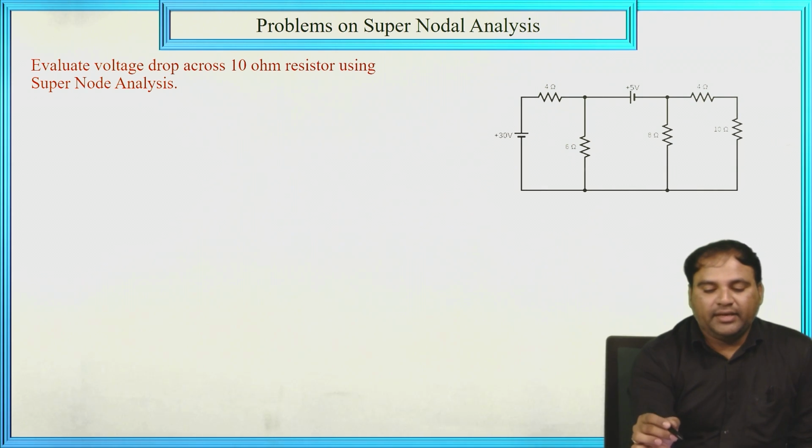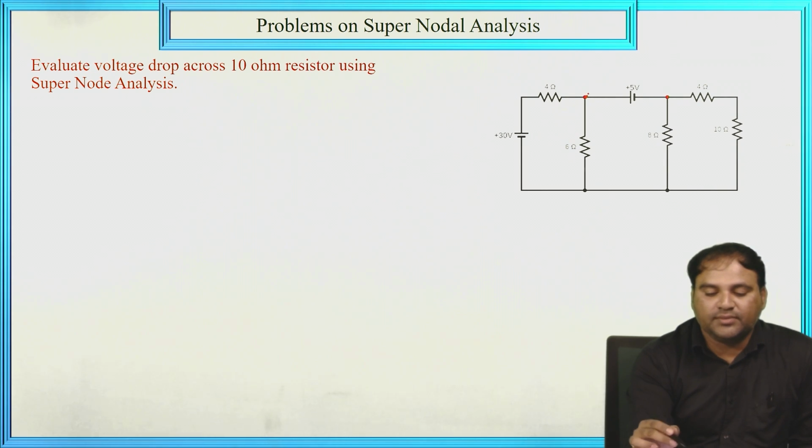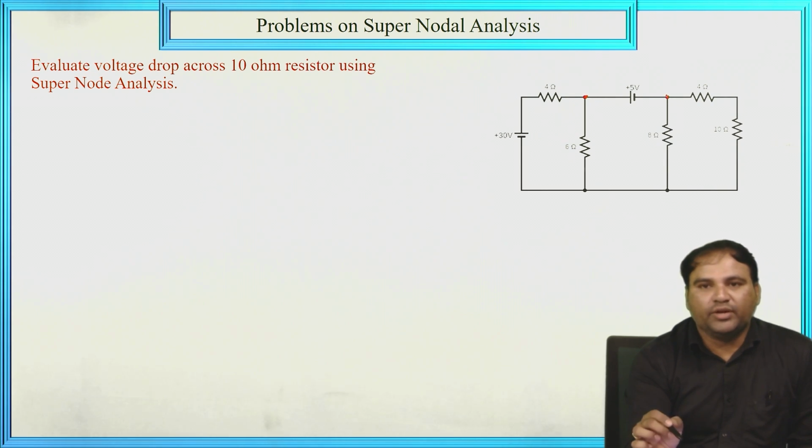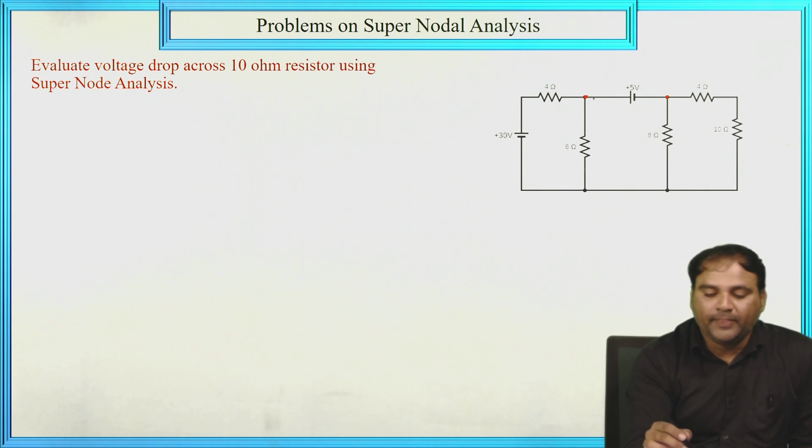Whenever between any two nodes there is a voltage source, that circuit belongs to supernode analysis. So in the given circuit, between this node and this node, we have the 5 volt voltage source. Then this circuit belongs to supernode analysis.